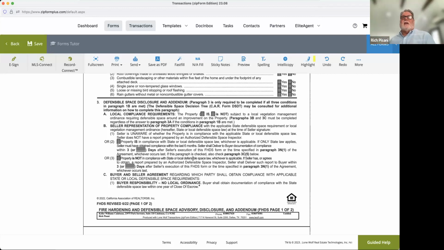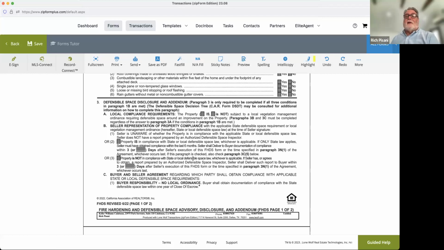Is the seller required to clear vegetation around their property by the city? I mentioned that at the top of the Burbank Hill, there is an ordinance that the homeowners need to clear brush around their property. So the answer to that would be yes.